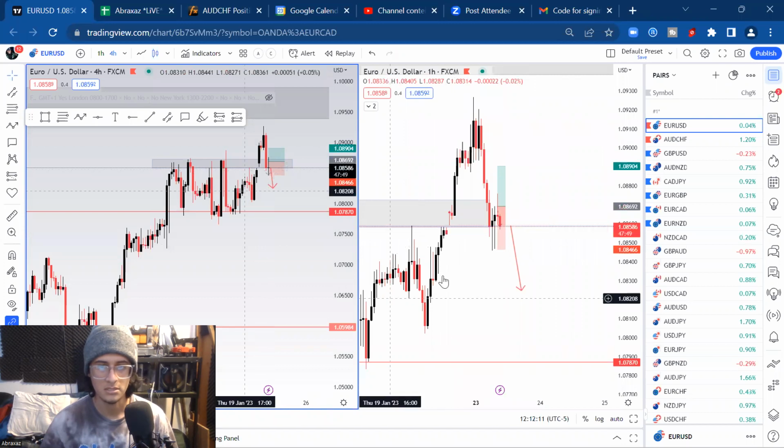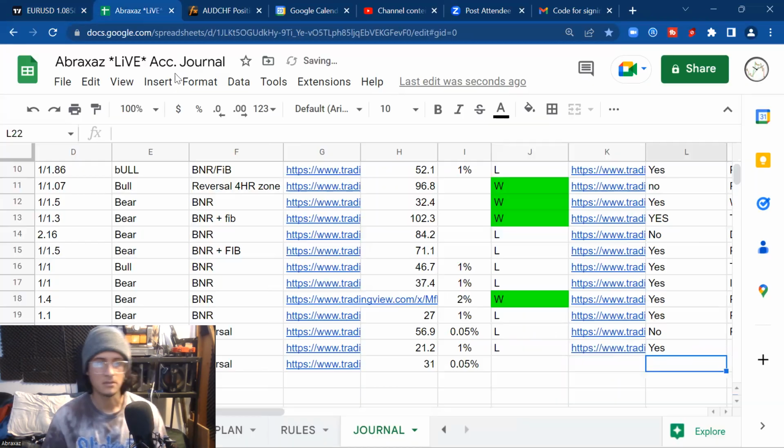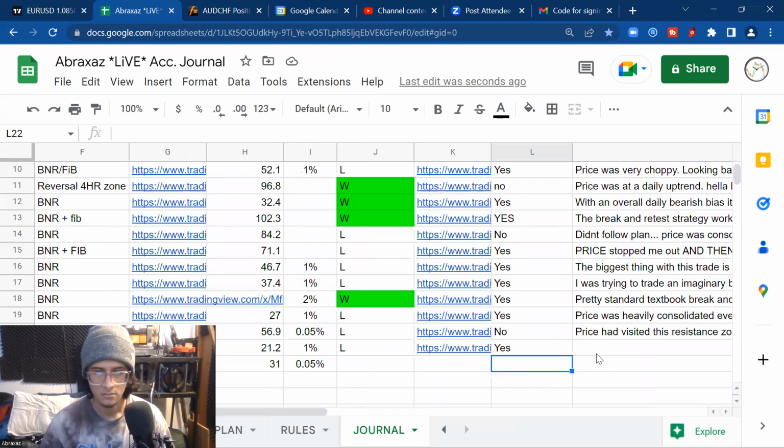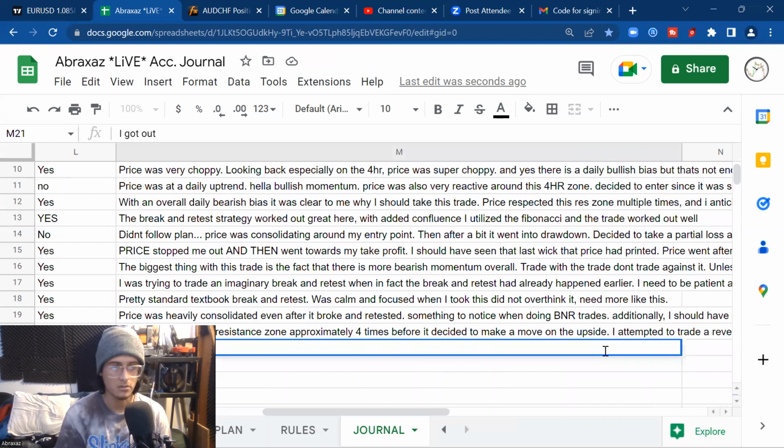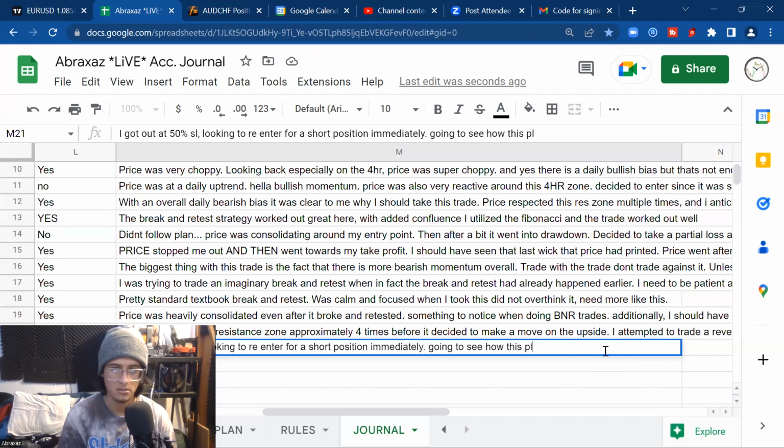Break, retest. Curious just to see what happens right there. It's like a little hot spot. So for this, let's say I got out at 50% stop loss, looking to re-enter for a short position immediately. Going to see how this plays out.